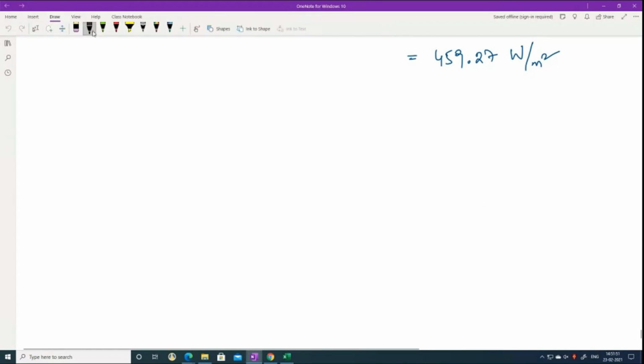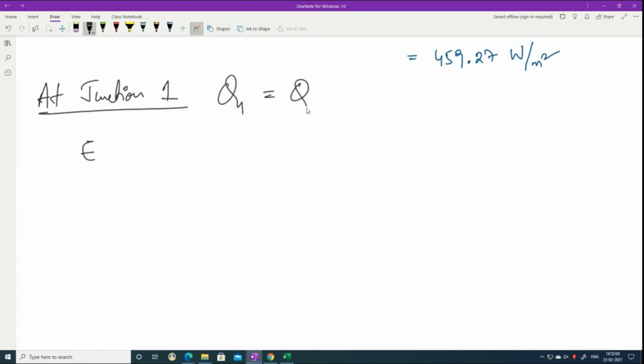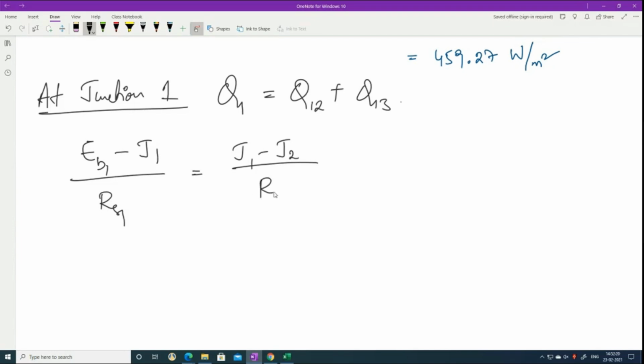So at junction 1 we have EB. Q1 is equal to Q12 plus Q13, so we have (EB1 minus J1) by RS1 equal to (J1 minus J2) by RSP12 plus (J1 minus J3) by RSP13.